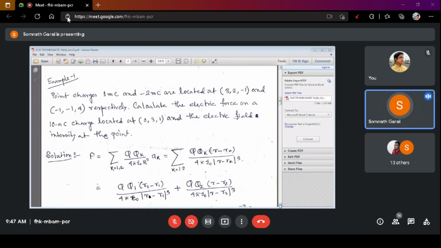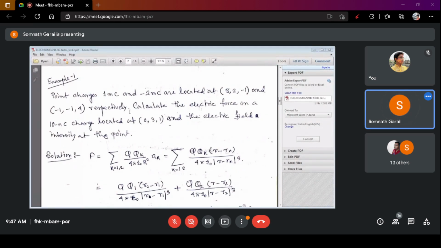Now we go to some examples of how we can determine a Coulomb force between two point charges. Example 1. The two point charges, with values 1 microcoulomb and minus 2 microcoulomb, are located at position vectors 3, 2, minus 1 and minus 1, minus 1, 4 respectively.